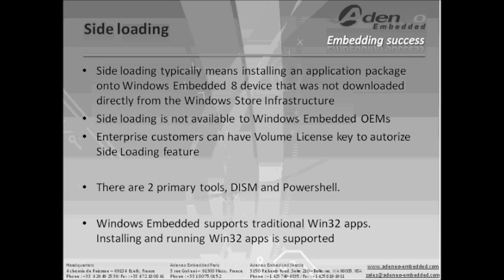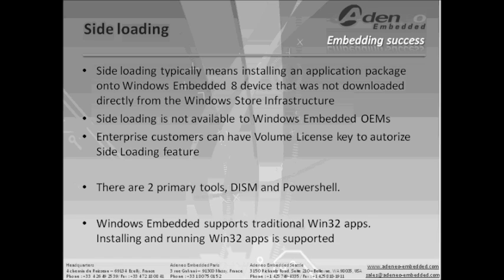Enterprise customers can have a volume license key to authorize side loading features on their devices, so you can unlock these features. To deploy your applications on your device, you have two primary tools: DISM and PowerShell allow you to deploy applications directly on your device locally.